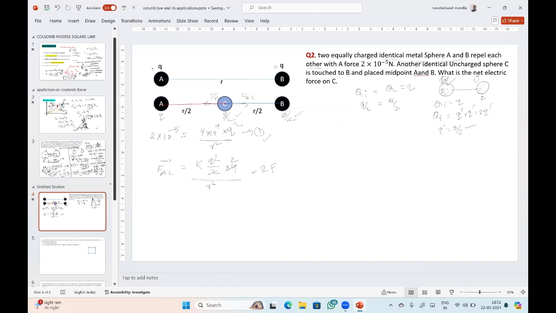Similarly now, FBC is not the same again because the charges are different. FBC is in the positive x direction, so consider the vector as I cap.